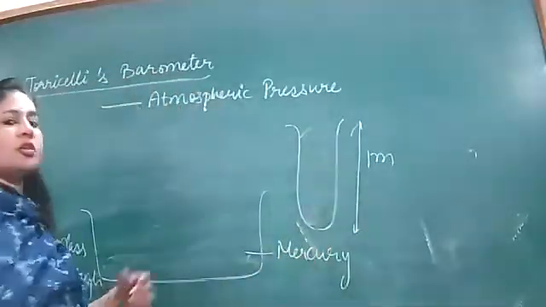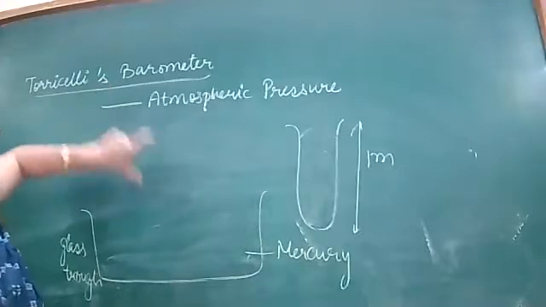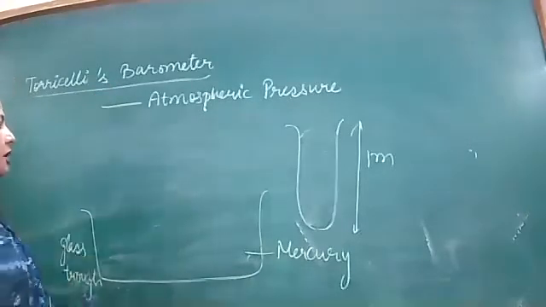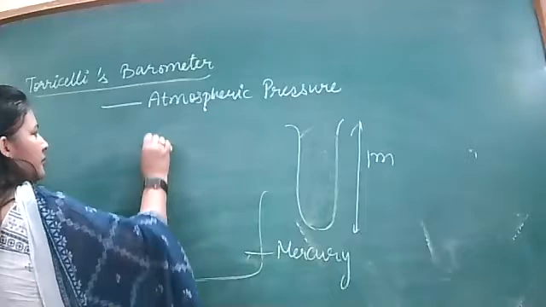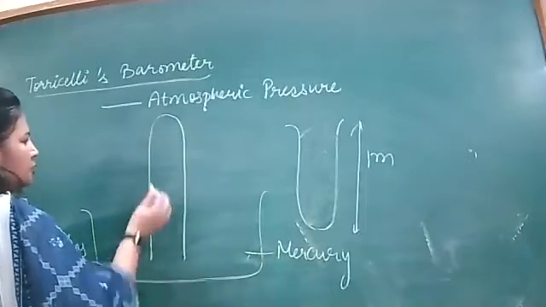Then he closed the mouth of the test tube with his thumb and inverted this test tube containing mercury in the trough containing mercury. What did it do?